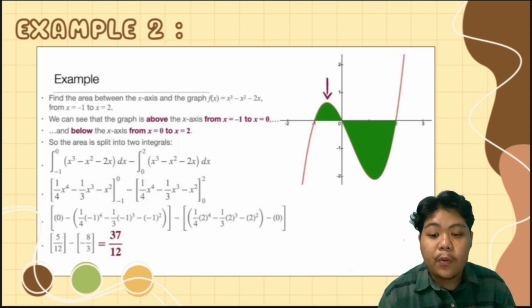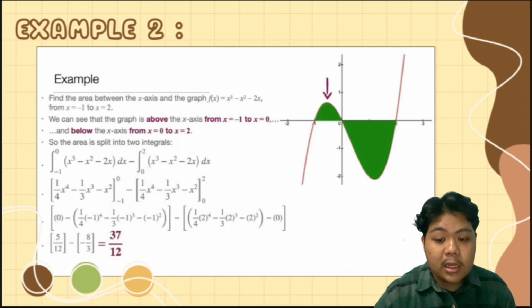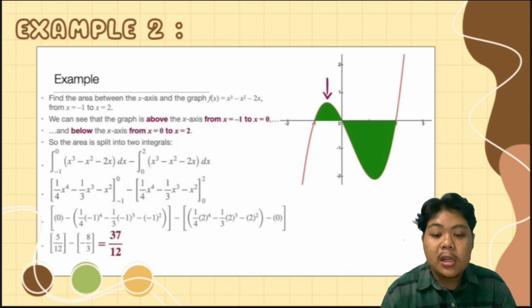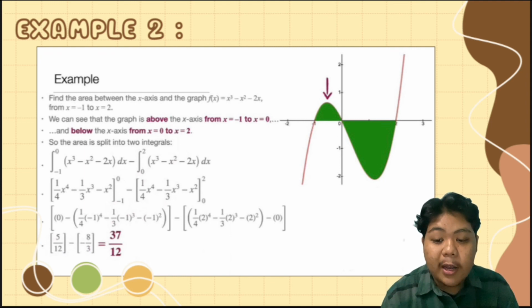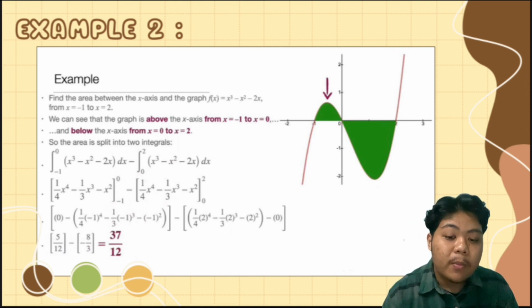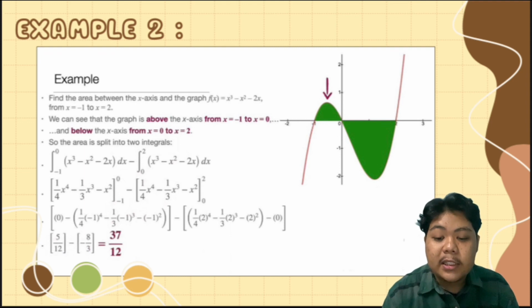Then we add 1 to the power of the x and divide by the new power, which gives 1 over 4 x to the power of 4 minus 1 over 3 x cubed minus x squared, and the same for the other side.